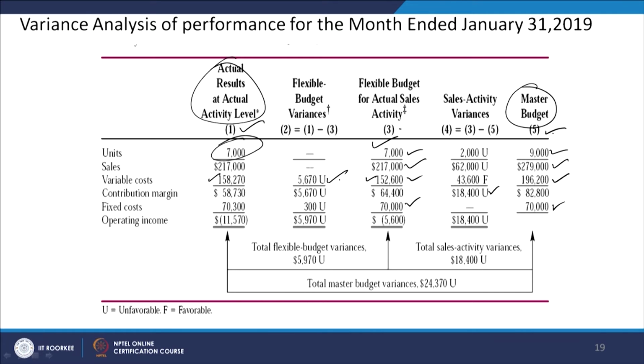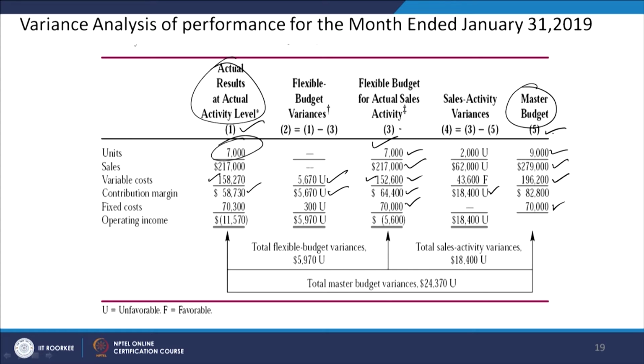So, there is a negative variance, your variable cost has increased as compared to the budgeted cost. So, the contribution margin has been reduced by this amount. The expected contribution margin was $64,400 and the actual contribution is 58,730. So, there is a negative variance of 5670, which is again a cause of concern.